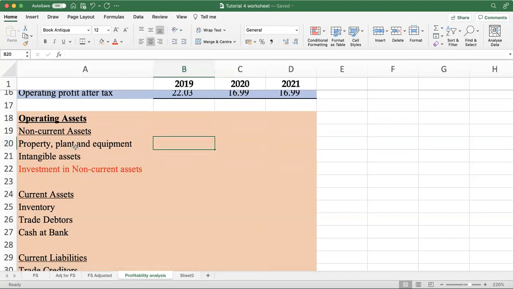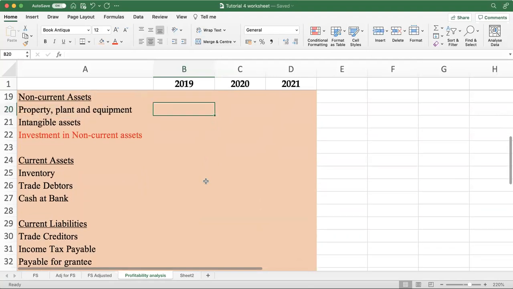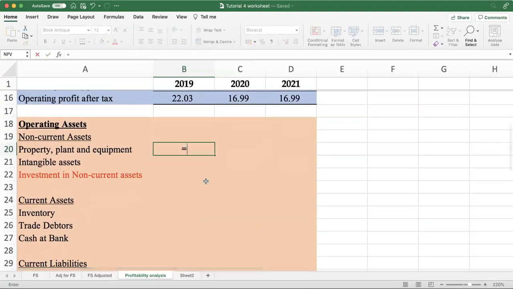Then calculate turnover for each item. You know the turnover calculation: sales divided by asset value.